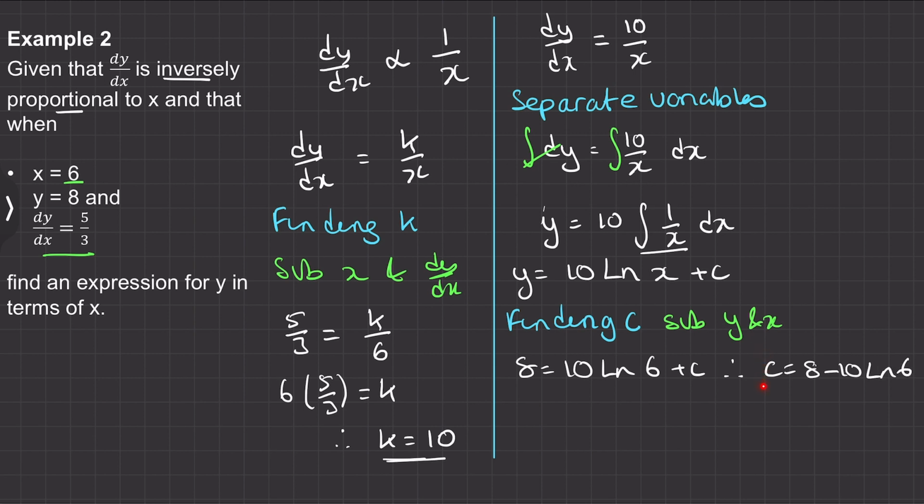Then we'll substitute this value for c back into here. So y is equal to 10 ln x plus 8 minus 10 ln 6. We can factor out this 10, and we'll use the division rule to collect these together. So finally, y is equal to 10 lots of the natural log of x over 6, plus 8.